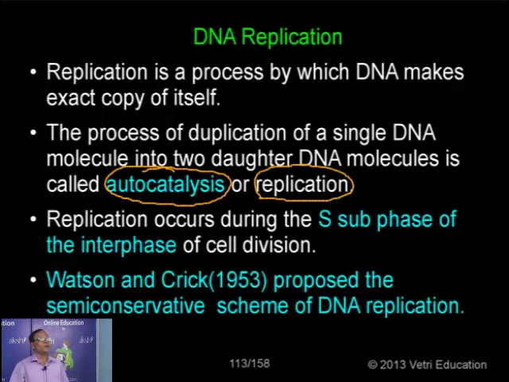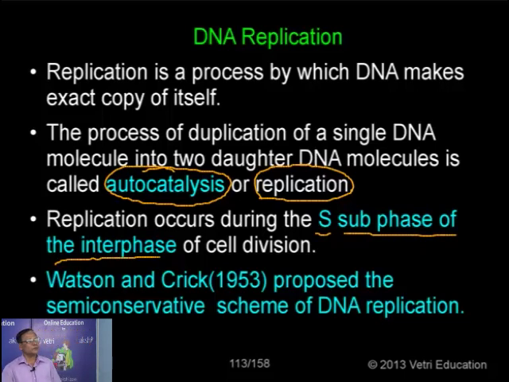When DNA replication is happening, it's a synthetic process. During the cell cycle, we have different stages, and between two successive cell divisions, we have one stage called interphase. Normally, it occurs during the S phase of the interphase, the synthetic phase.